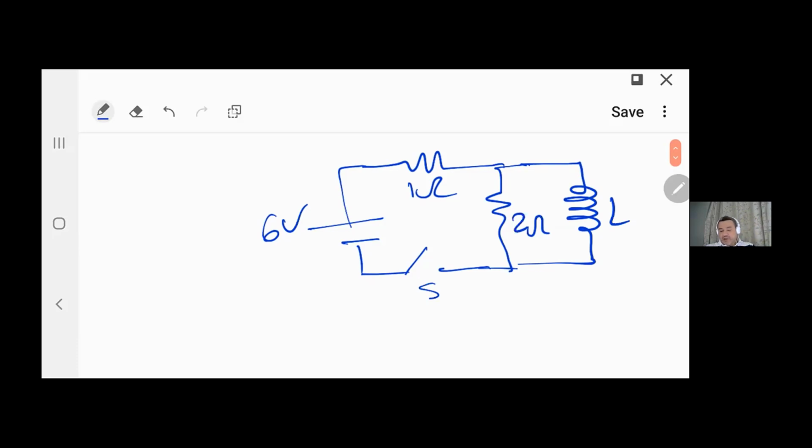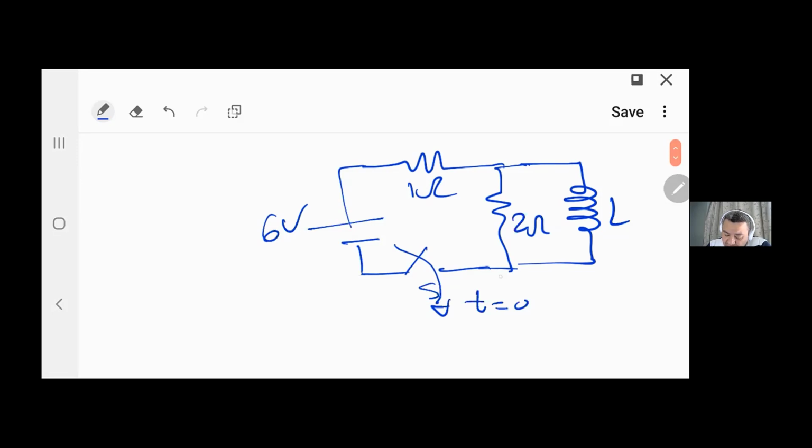Now, the switch is closed at t equals 0. What is the voltage across the inductor L just after the switch is closed? So I'm interested in calculating the voltage.